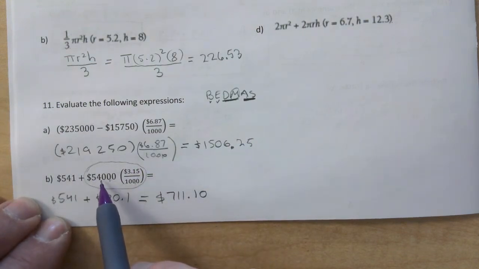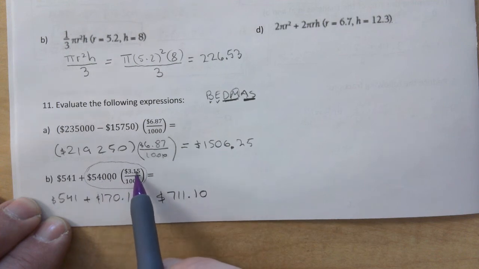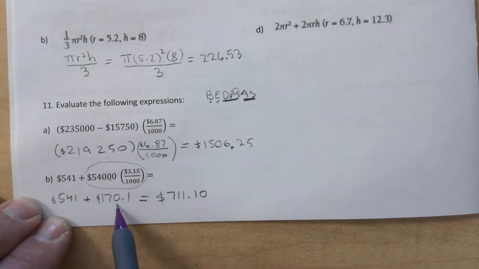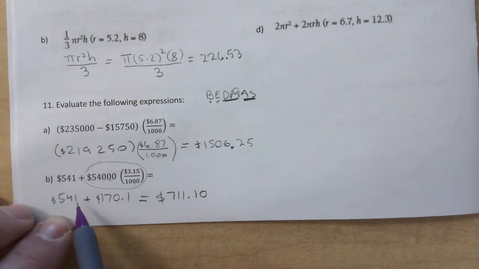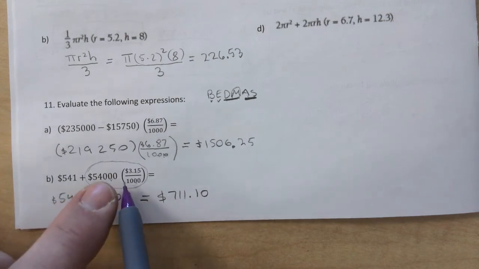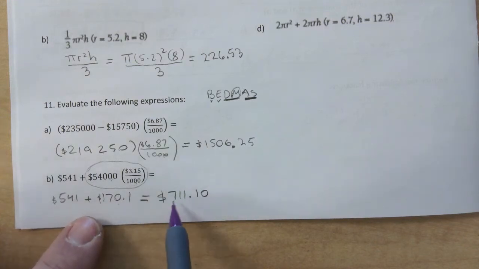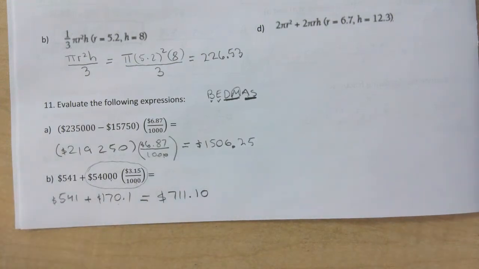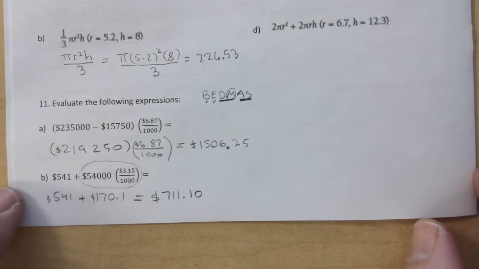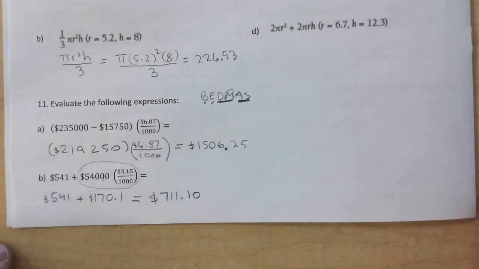You go 54,000 times 315 divided by 1,000 to get the 170.10. And you bring this down with you. Once you've dealt with the multiplication and division, you add the two up and you get 711.10. Does that make sense, Mark? Yeah.